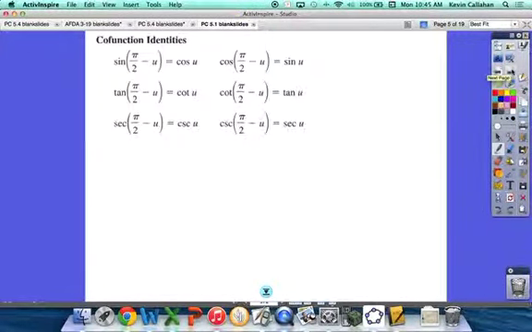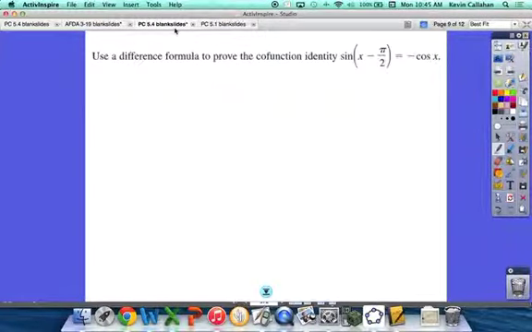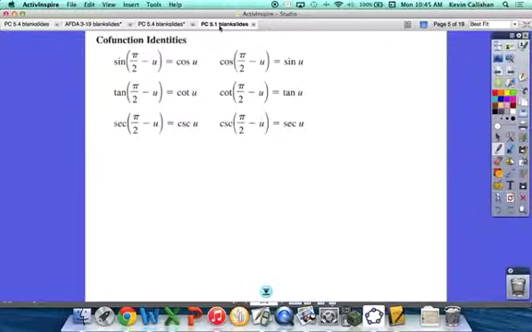Cofunction identities. So if I'm looking at this right here, notice all of these, there are no minuses in front of any of that. It's not exactly one of these cofunction identities. Sine of x minus pi over 2 equals negative cosine x. Okay, what else is different between this and this?